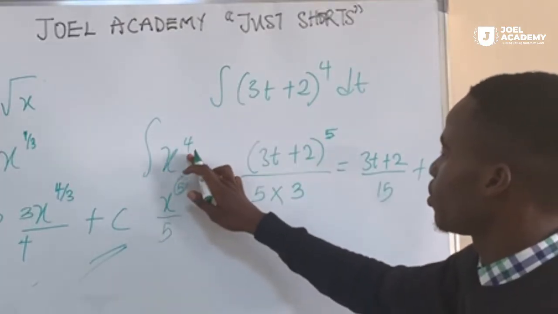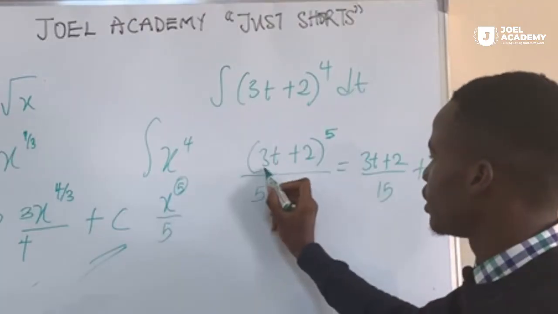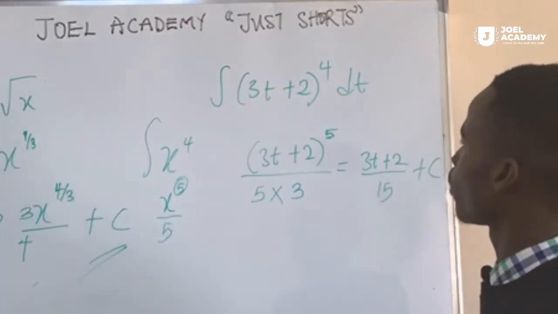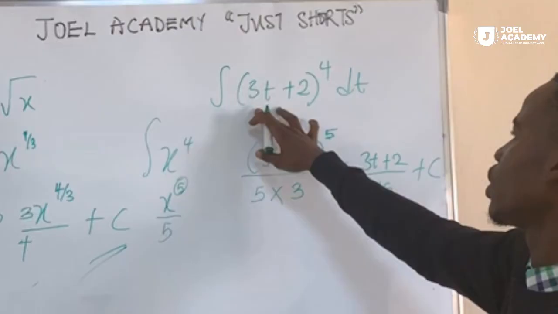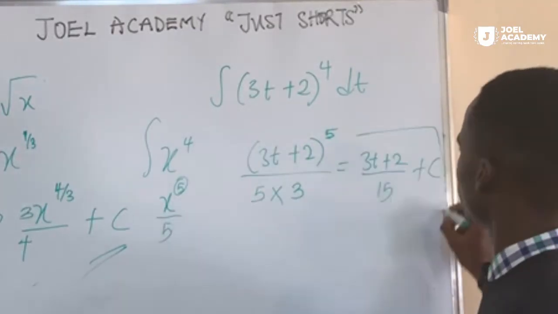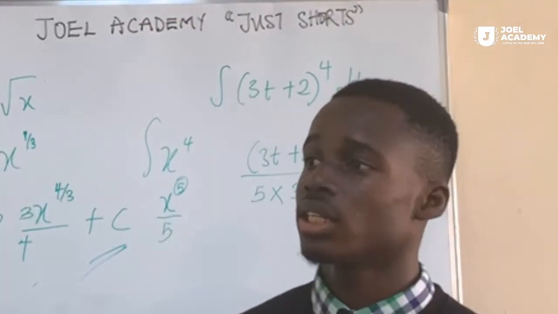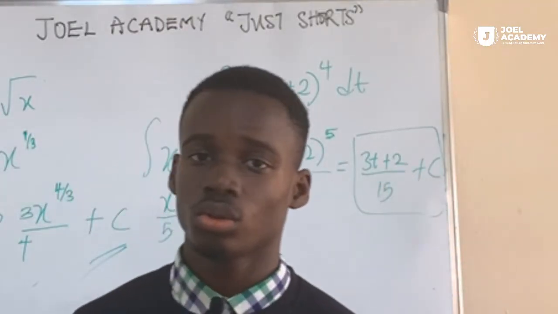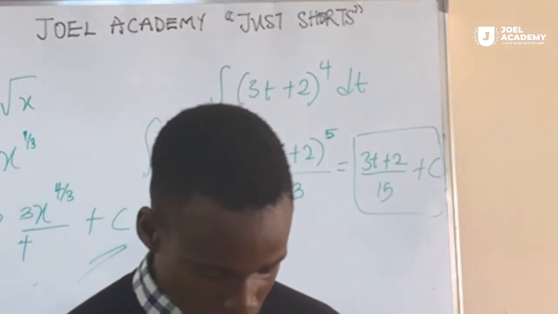From this raised to the power of 4, it changes to this raised to the power of 5 over 5. But we're not stopping there. We are differentiating what is in the bracket, which gives us 3. So multiply by 3. Now I know if you are going to solve this on normal notes using integration by substitution, it's going to take a whole lot of your time. But with this, we can solve this in seconds. Let's move further.